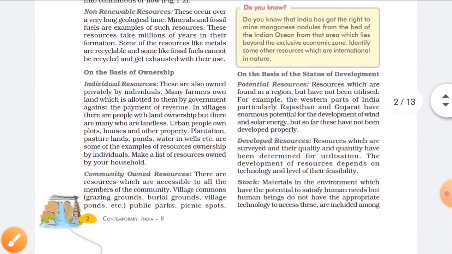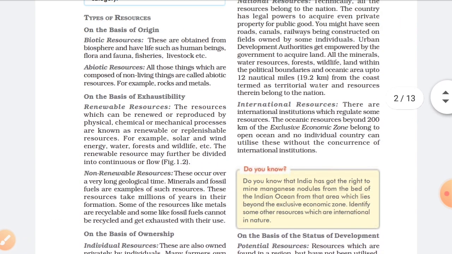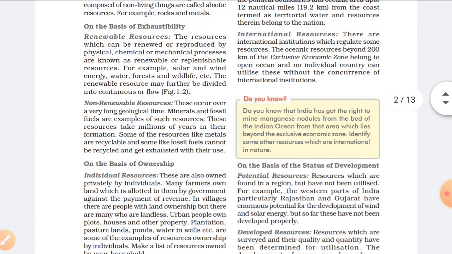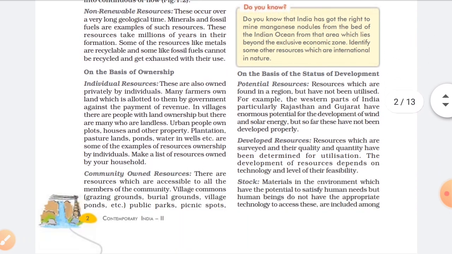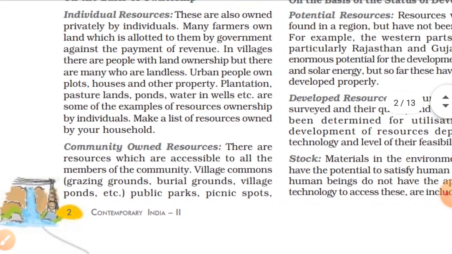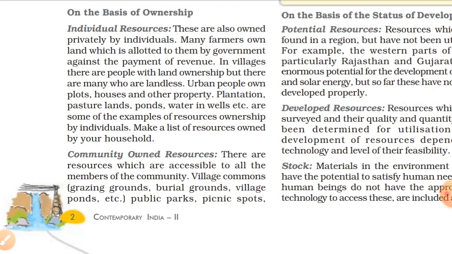On the basis of ownership, the third category, okay, there were individual resources, community owned resources, national and international resources. Alright, look at them one by one. Now the individual resources are also owned privately by individuals. Okay, a single person owns that resource.